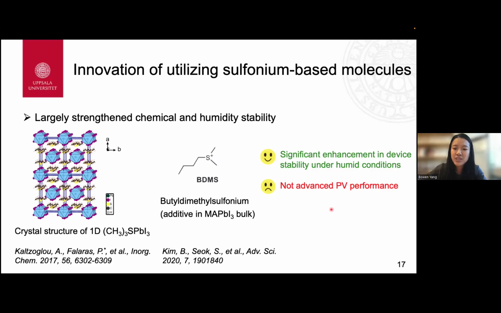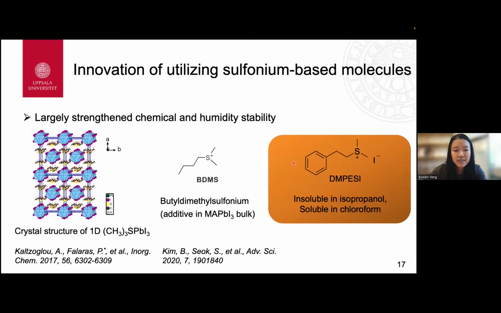However, the main limitation at the moment to use these aliphatic sulfonium molecules for surface treatment is their poor solubility in low polar solvents, including IPA and chloroform, which are the most commonly used surface treatment solvents. Therefore, when we designed the material at the very beginning, our first aim was to enhance the solubility of the sulfonium salt in low polarity solvents for its successful use on top of perovskite.